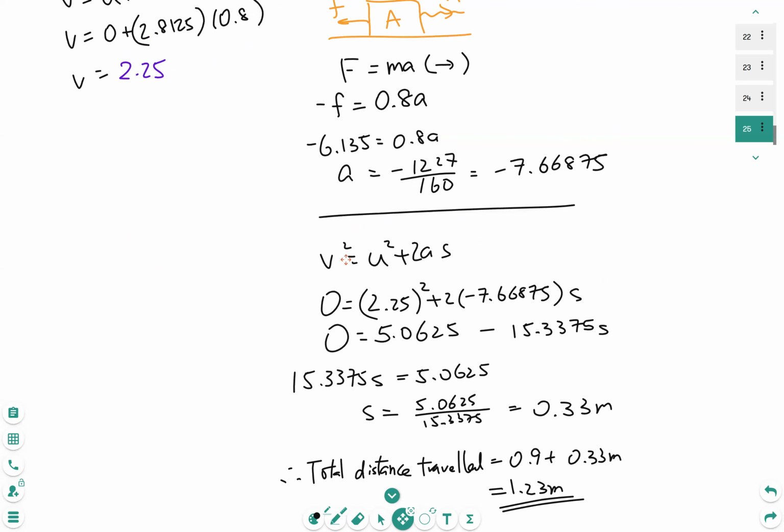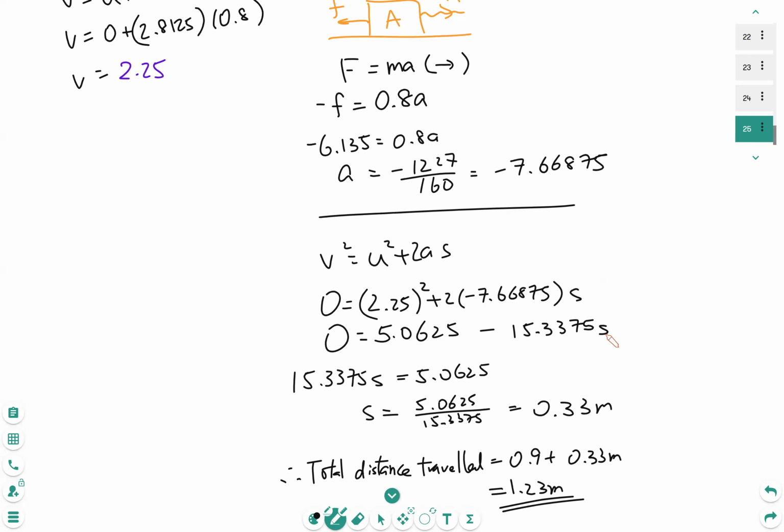Then to work out displacement, I can do V squared equals U squared plus 2AS, plug in the U, plug in the A, carefully manipulating the answer, putting it in the calculator carefully. By the way, just one thing, your S and your 5: a lot of students will have really bad handwriting. As a kid, I always mixed up my 5 and 3 and the S. So be careful with that.